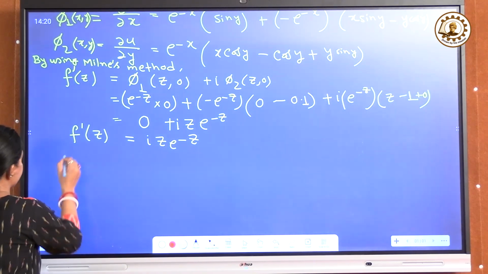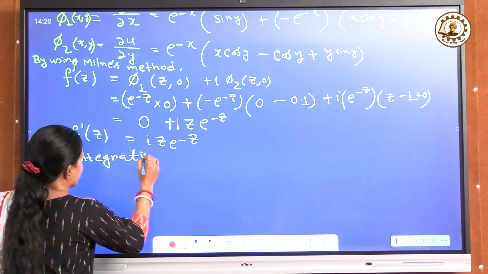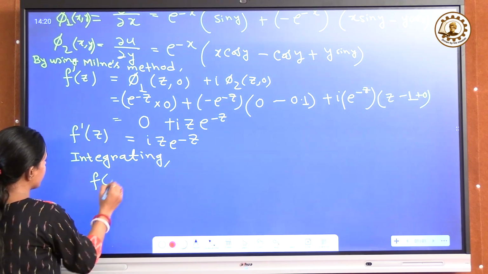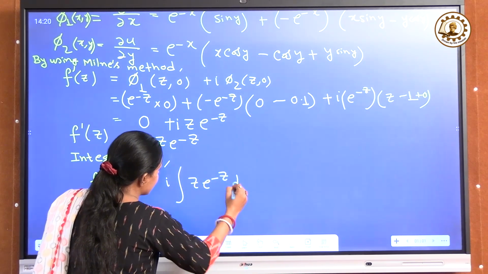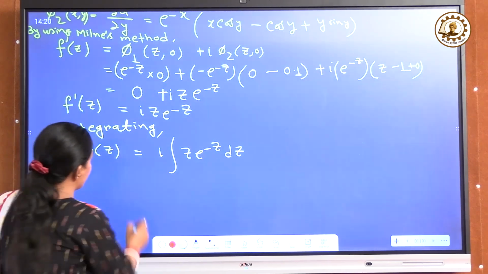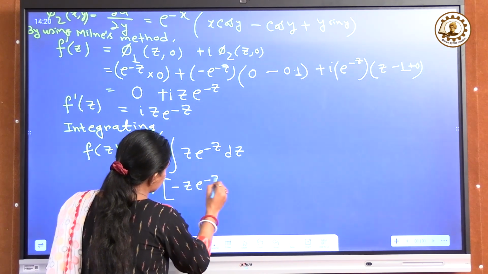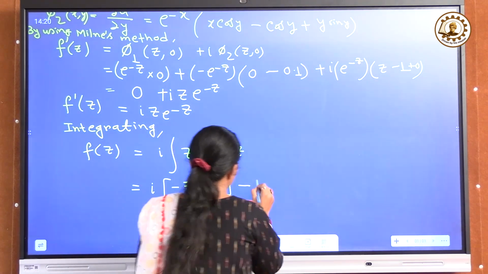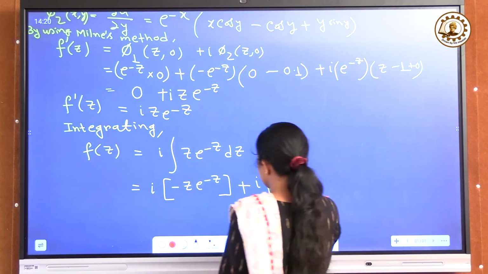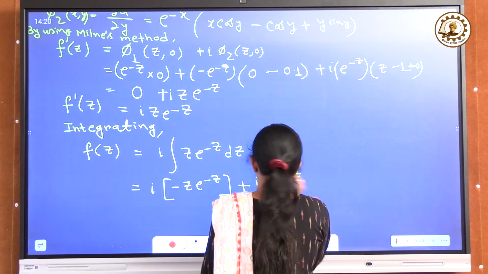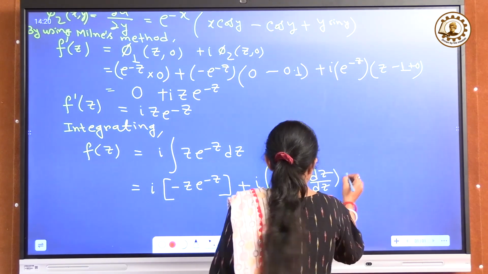Now we integrate. f of z equals i times the integration of z e to the power minus z dz. We apply the integration by parts formula: i times (minus z e to the power minus z, minus the integral of minus e to the power minus z times the derivative of z, dz by dz, times dz).